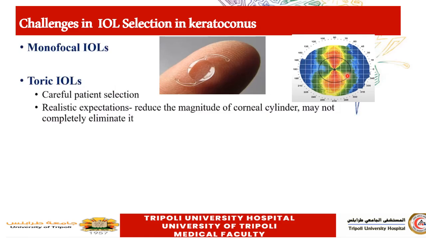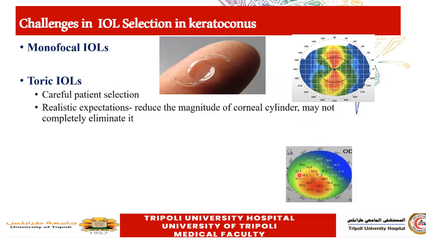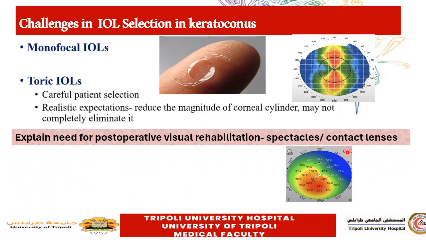So this is a suitable case for toric IOL correction in a patient with keratoconus. However, if the patient has irregular astigmatism, like this shape with inferior steepening, this is not a suitable case for toric IOL calculation, and it is better to go for monofocal lenses and discuss with your patient the post-operative rehabilitation using glasses or contact lenses after the surgery.